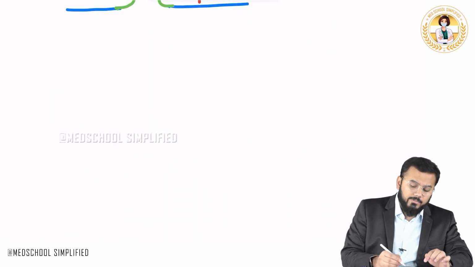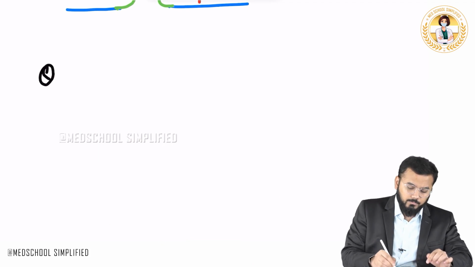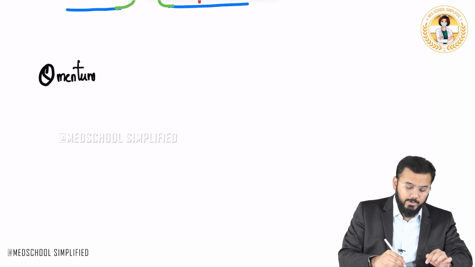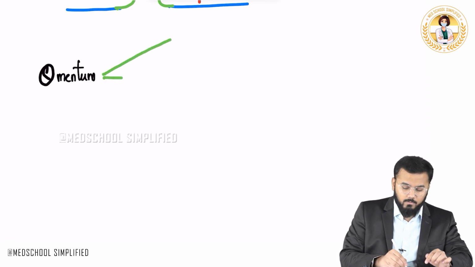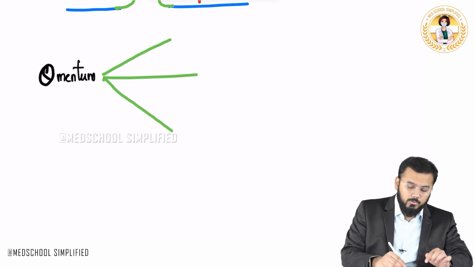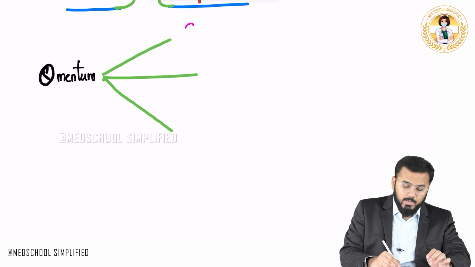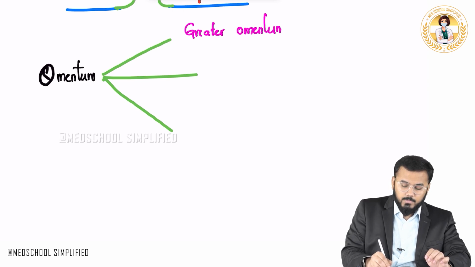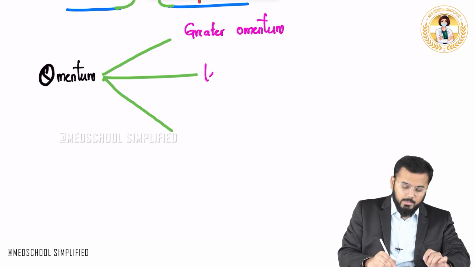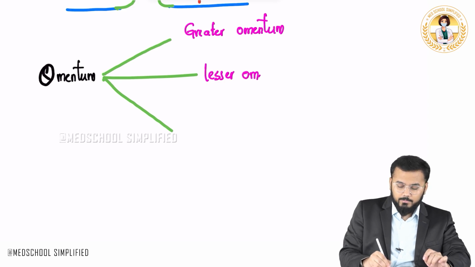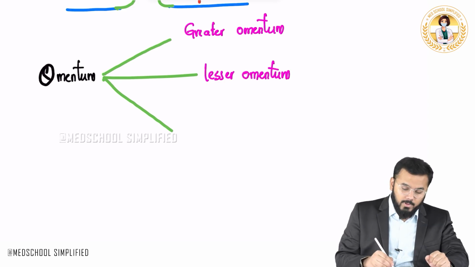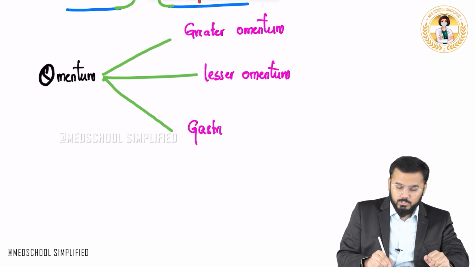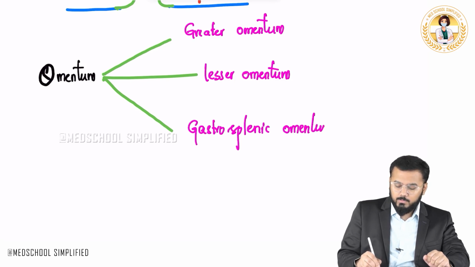In the omentum, how many different types of omentum do we have? There are three different types. One is called the greater omentum, one is called the lesser omentum, and one is called the gastrosplenic omentum.